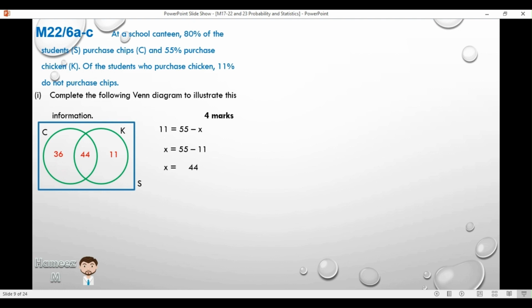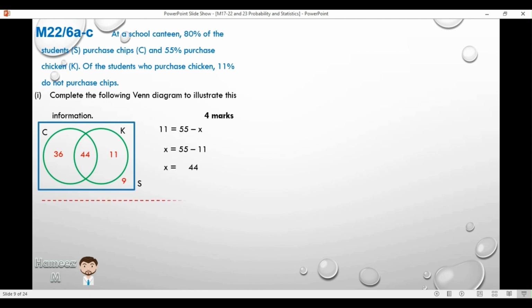So we have 36% purchasing chips only, 44% purchasing both chips and chicken, and 11% purchasing chicken only. And if we add that up, 36 and 44 is 80, 80 and 11 is 91. So how many students do not purchase chicken or chips? It will be 9%. And that will give us a total of 100% to cover all the students.